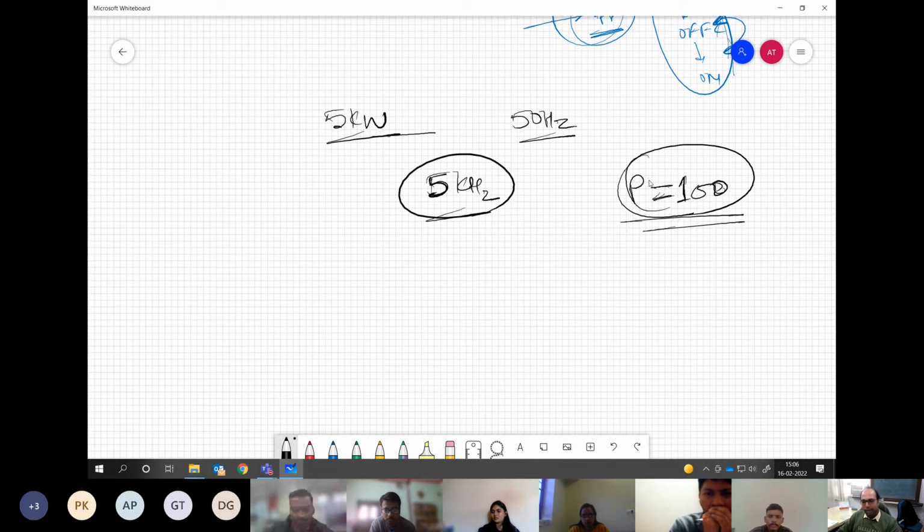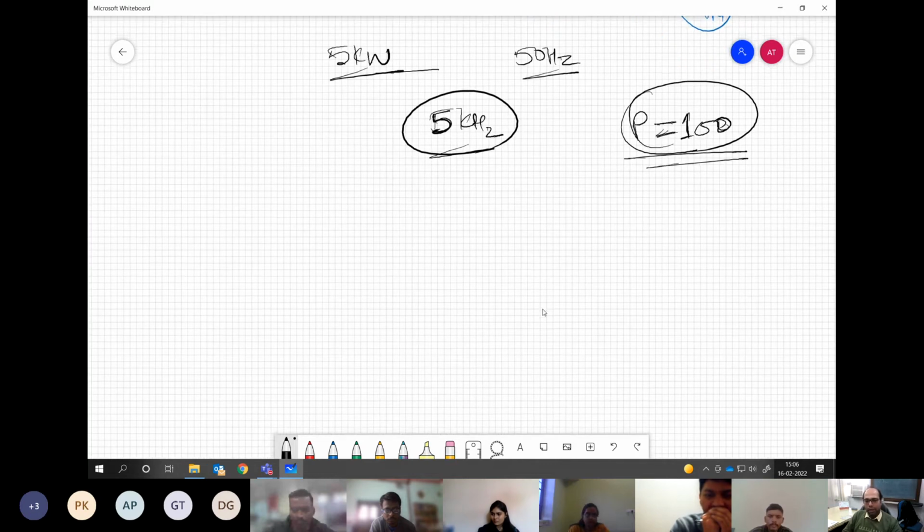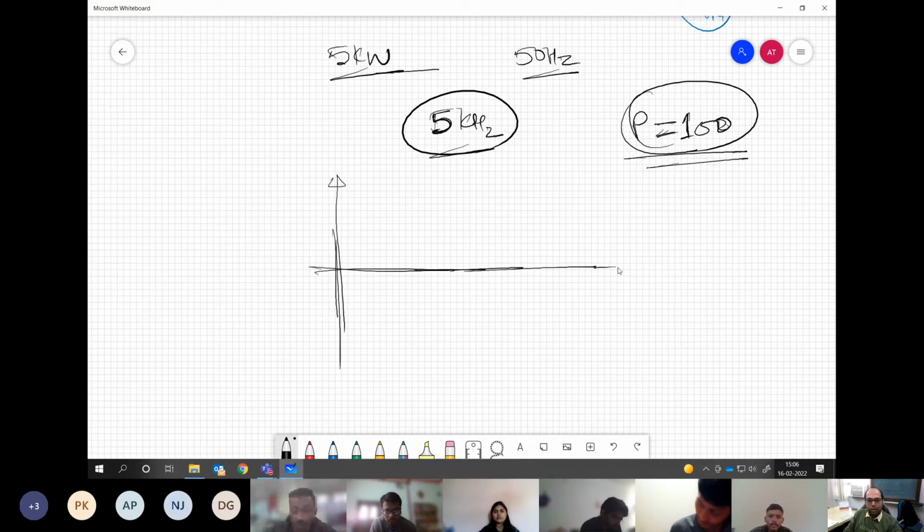So that is where we come to other means of converting our DC voltage to AC voltage. One method we have done, simply having this square wave kind of waveform and then putting a notch and just going on increasing the switching angles within the quarter cycle.